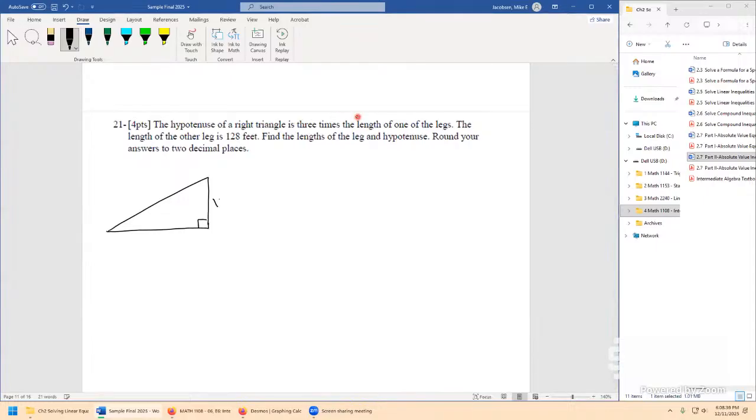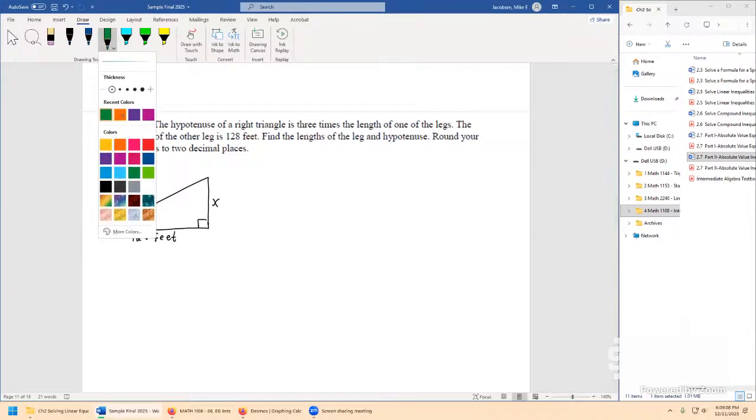So if this is the shorter leg, then the hypotenuse, the longest line segment, would be this one, 3 times x. The length of the other leg, we're told, is 128 feet. We want to find the lengths of the leg, the unknown length here, and the hypotenuse, 3 times x. Really, once we solve for x, the hypotenuse 3 times x is just going to be a really fast operation.